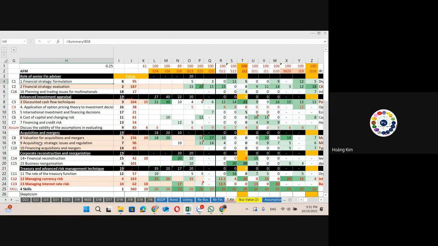We have 13 big contents. The first is financial strategy, and I make C1, C2, C16, with a formula when I focus on the general area here.